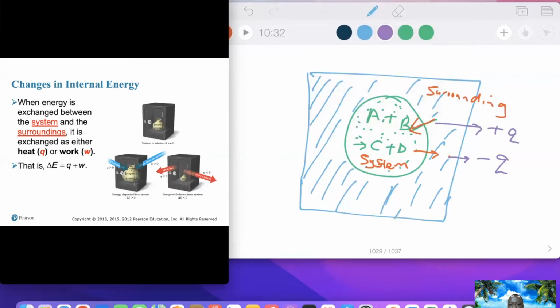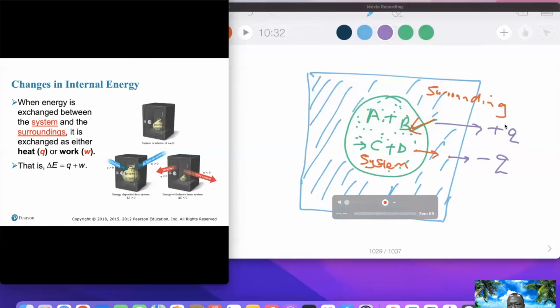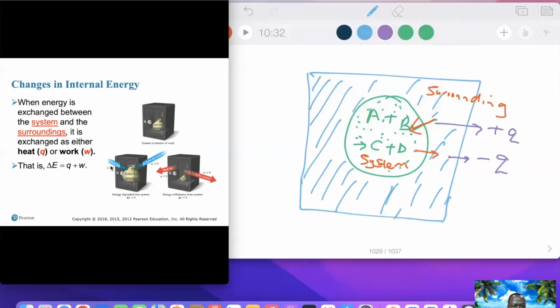You are adding something in. It's getting into the system. So Q greater than 0. When you see this symbol, please don't ignore it. I like to use my notation on the whiteboard. You see, getting into the system means positive. Anything greater than 0 is positive.